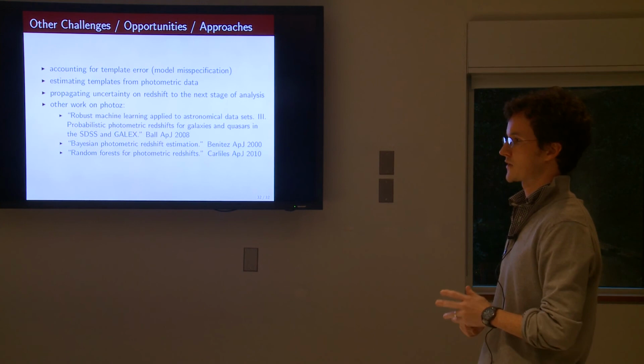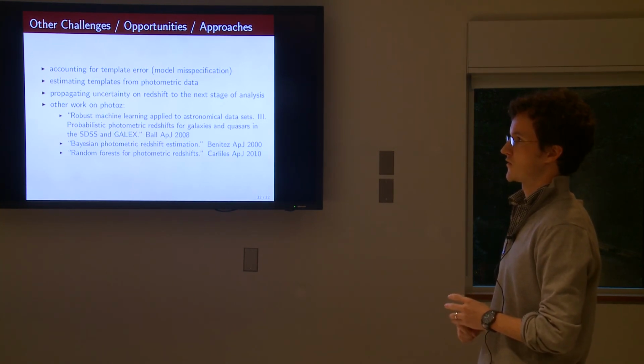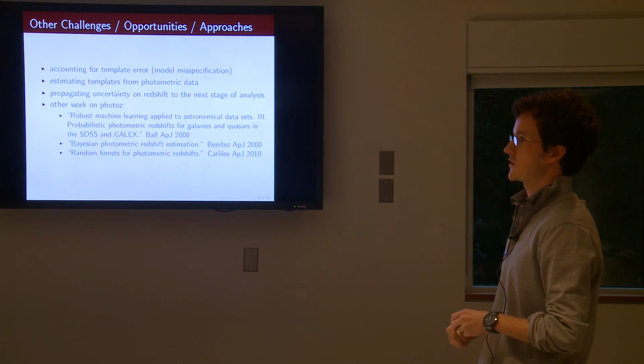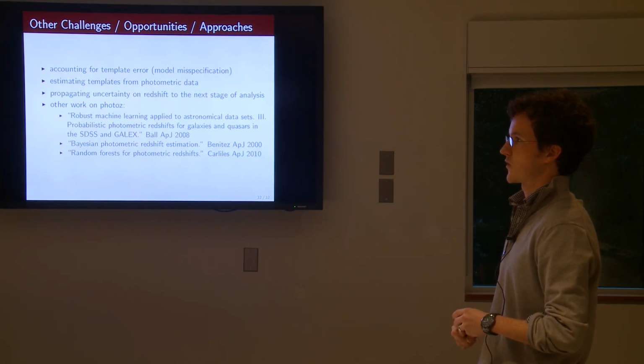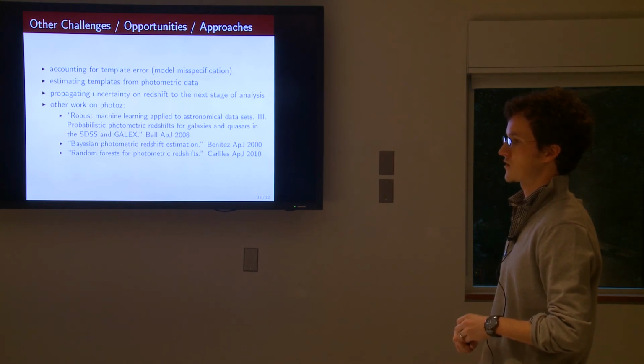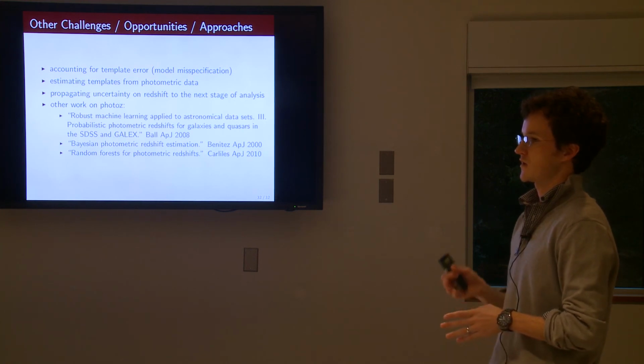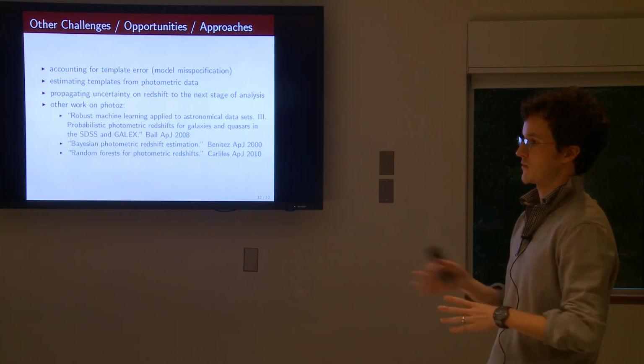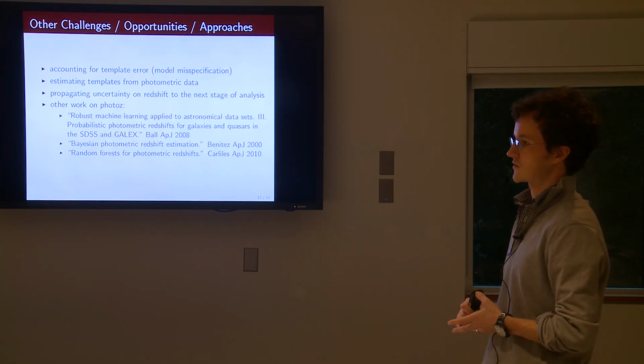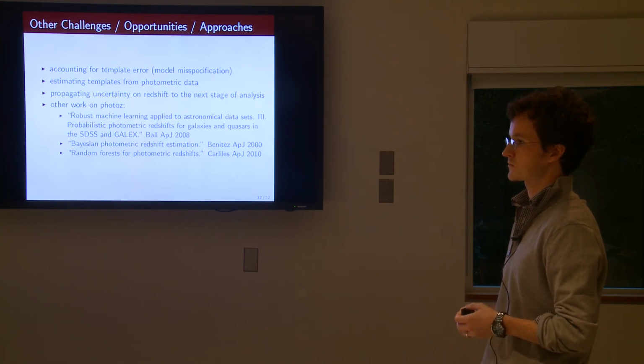So not many templates, and then in terms of applying it to data sets, anywhere from a few hundred to maybe tens of thousands of objects. But once you're applying it to get redshifts for individual objects, it's embarrassingly parallel, so it's not too hard to scale up.